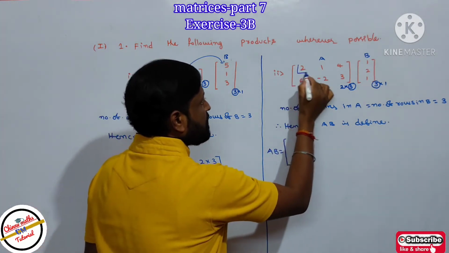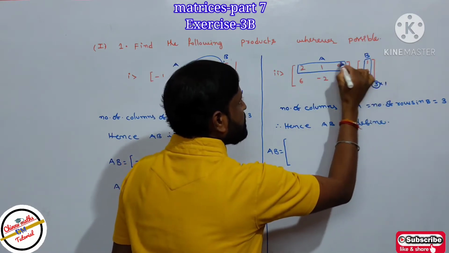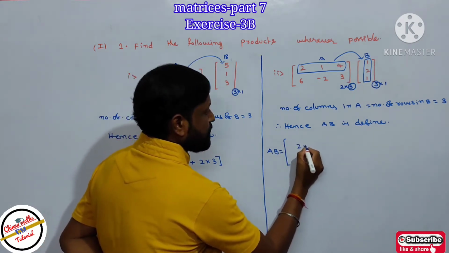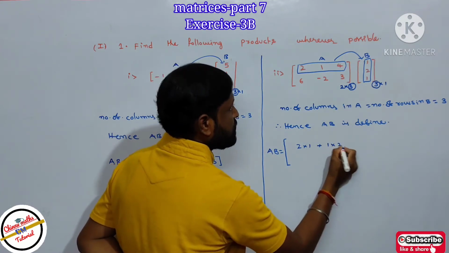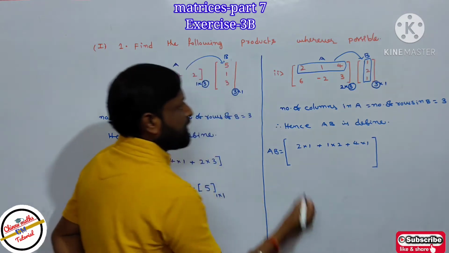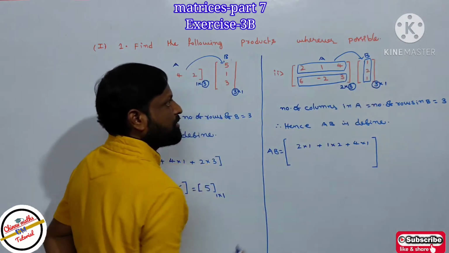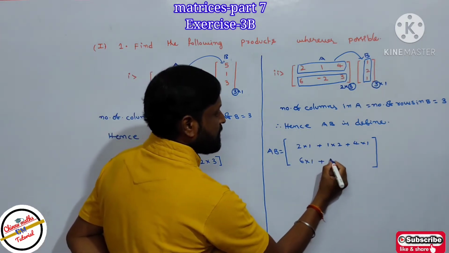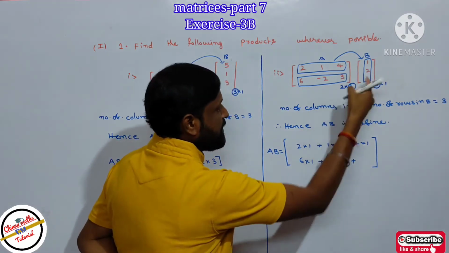Take the first row and multiply to the first column. Right, 2 into 1 plus 1 into 2 plus 4 into 1. Next, take the second row, again the first column of matrix B. 6 into 1 plus minus 2 into 2 plus 3 into 1.